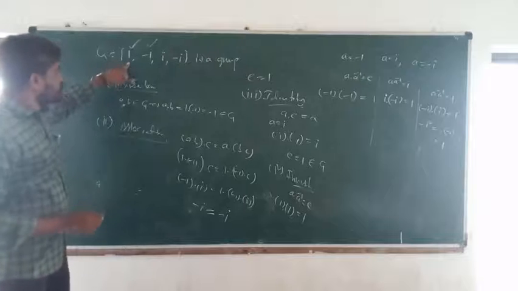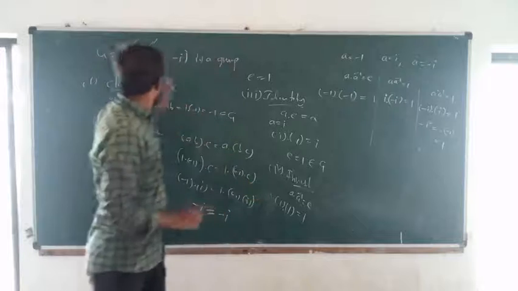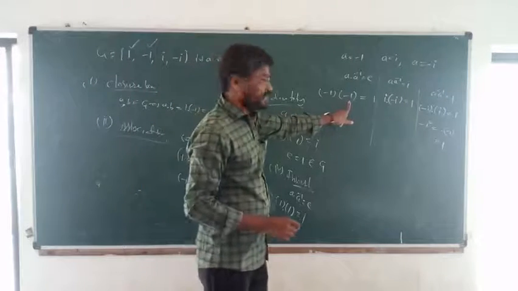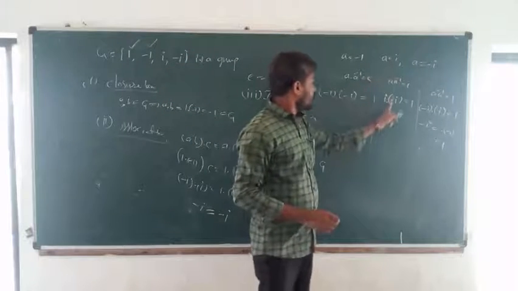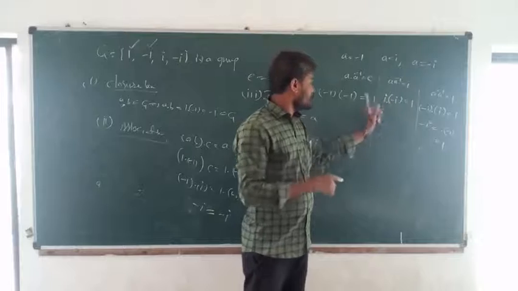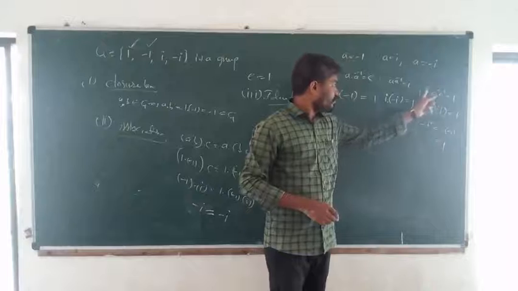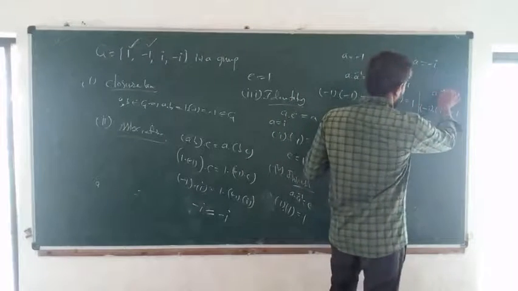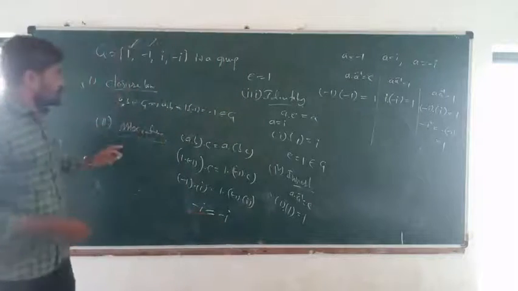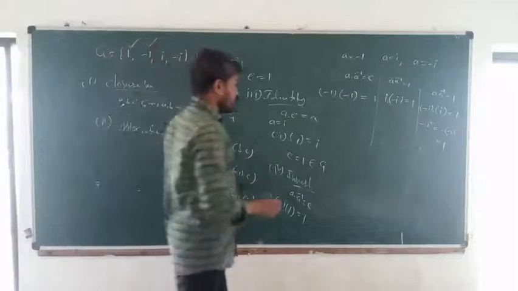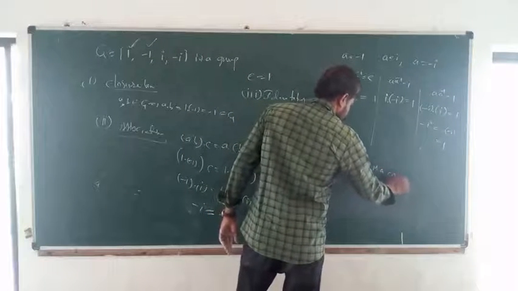First, 1: the inverse of 1 is 1. Minus 1: the inverse of minus 1 is minus 1. For i, minus i is the inverse. For minus i, i is the inverse. So closure, associative, identity and inverse are all satisfied. Therefore, G comma dot is a group.